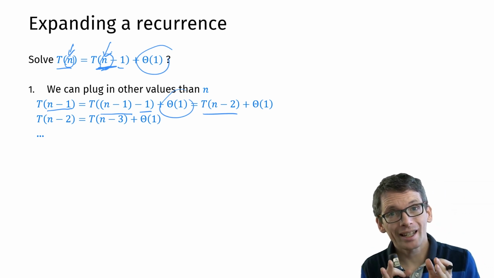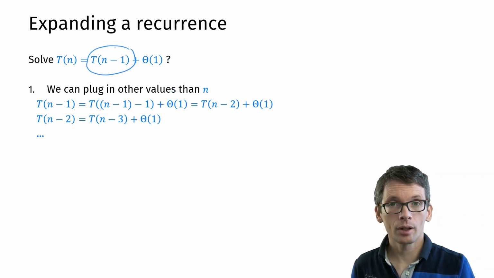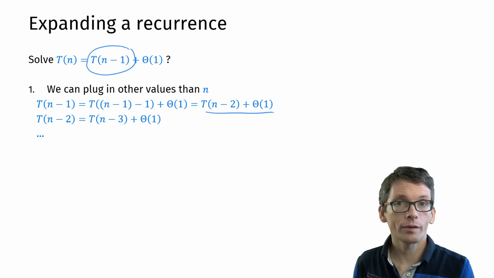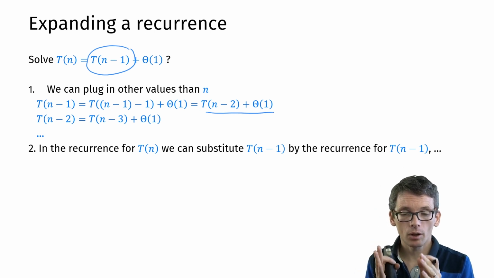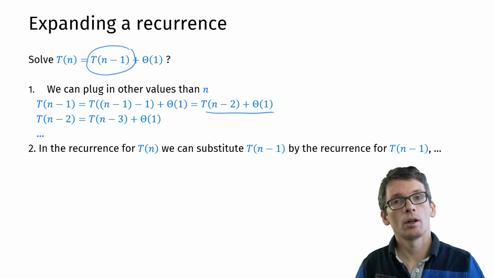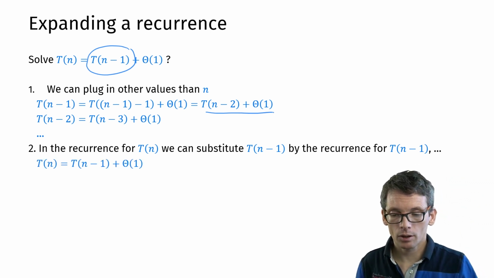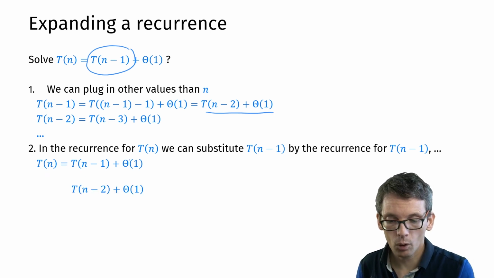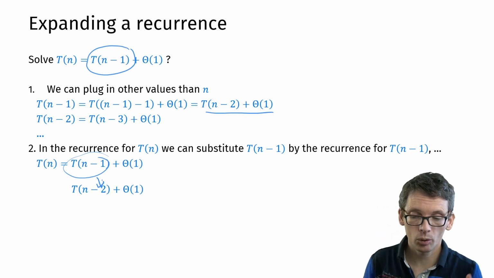Having this, we can now substitute T of n minus 1 in the recurrence for T of n by the right-hand side of the recurrence for T of n minus 1. So how does that look? We have T of n is T of n minus 1 plus theta of 1. We know that T of n minus 1 corresponds to T of n minus 2 plus theta of 1.